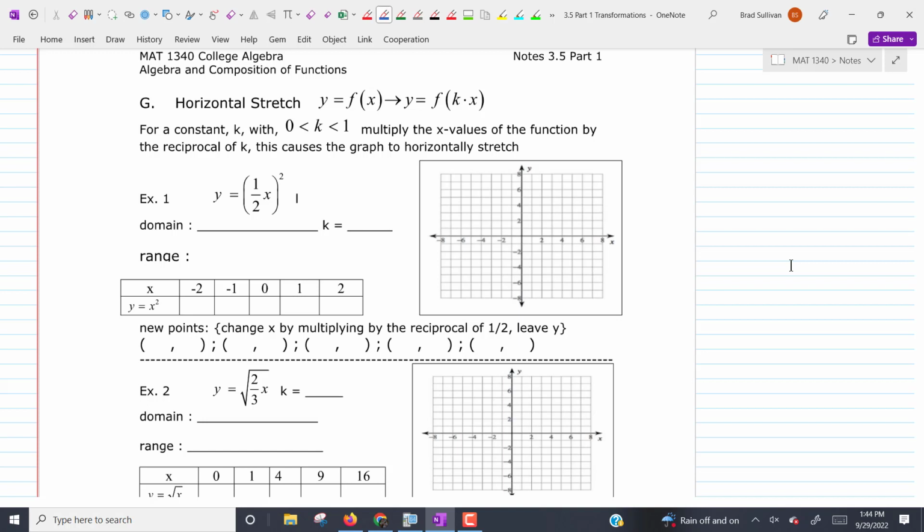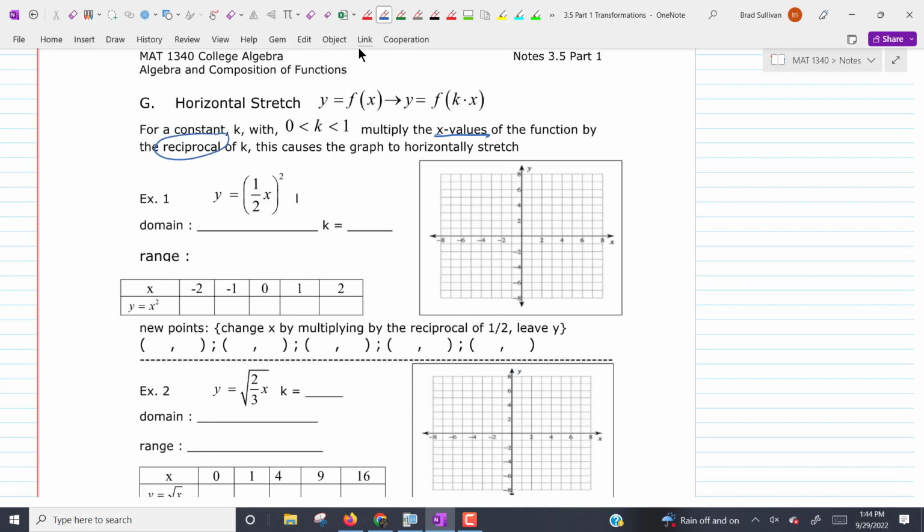So let's see this one. The way I teach these, I don't do 2 rows on my table because the y's stay the same. It's the x's that change. Now, this is probably the hardest one for students to grasp, so watch carefully. What you always do is multiply the x values by the reciprocal.